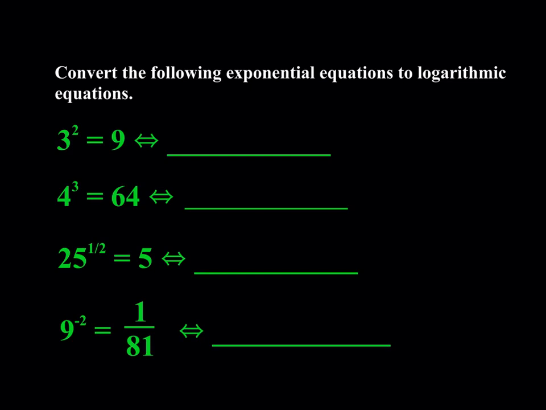All right, so now we're going to be using that conversion to convert some of these equations into logarithmic equations. The first one is 3 squared is equal to 9. That would equal log base 3 of 9 is equal to 2.